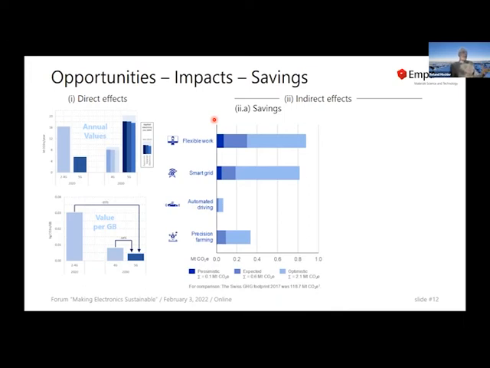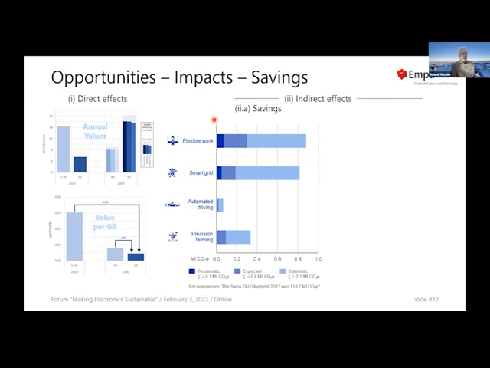In total, we expect about 2.1 megatons of CO2 equivalent savings up to 2030 in the optimistic situation, 0.1 in the pessimistic, with the highest values for flexible working and smart grid. Autonomous driving has a rather small saving potential up to 2030, simply because this technology will not be fully evolved until 2030. So the overall potential there comes after 2030.